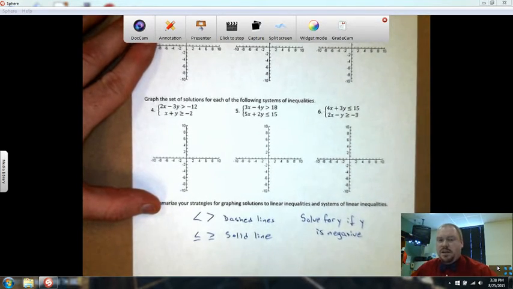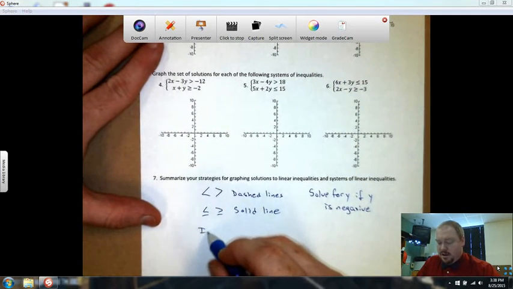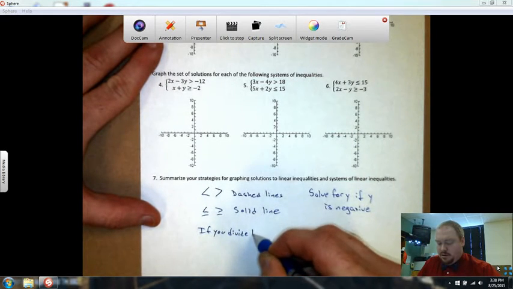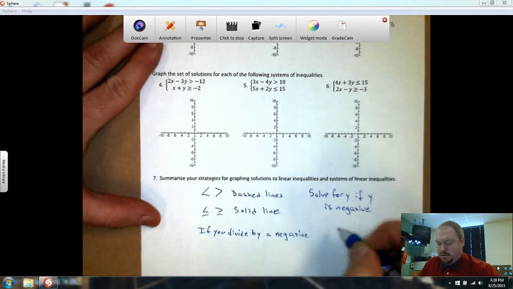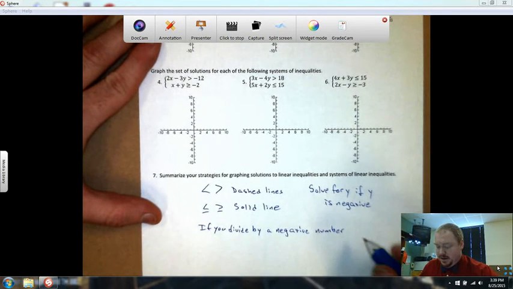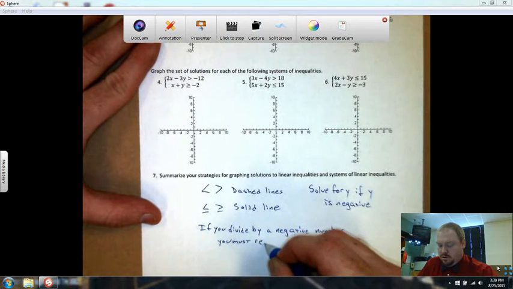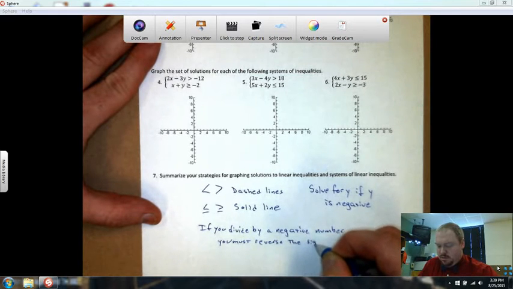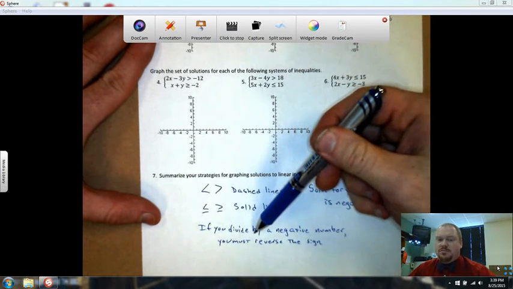The other piece of the puzzle is, remember, if you divide by a negative number, you must reverse the sign.